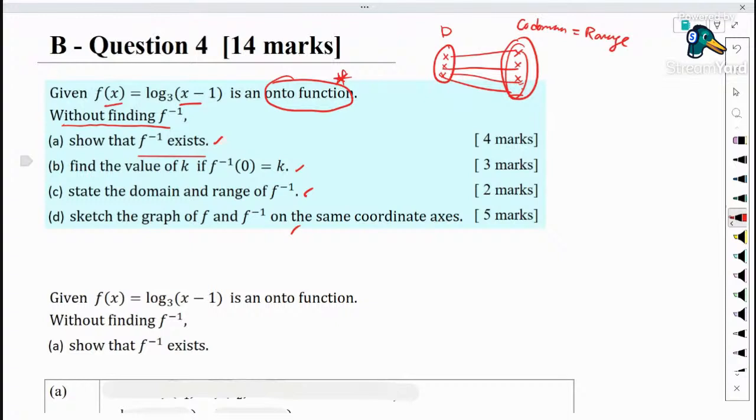Then find the value of k for this equation, with the condition that you don't know what the inverse is. You don't even know the function of the inverse, yet you want to find the domain and range. And lastly, sketch the function f that we know and also the inverse that we don't know on the same diagram. Is it possible? And for information, all this is possible to be done. And how are we going to do so?